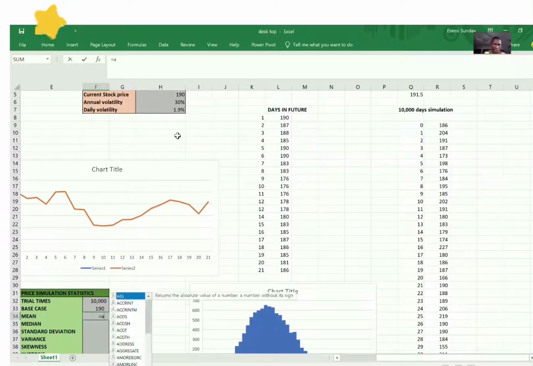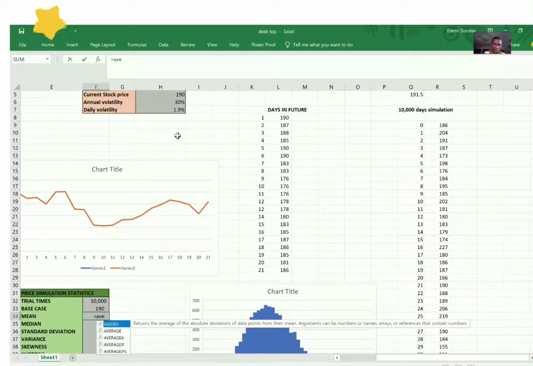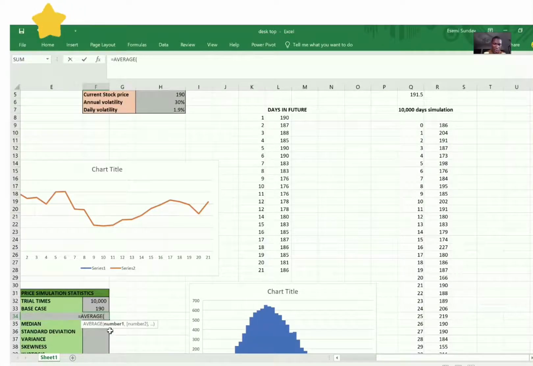That's the average price. Our average price in this case will be, taking up this, up till you have 10,010.